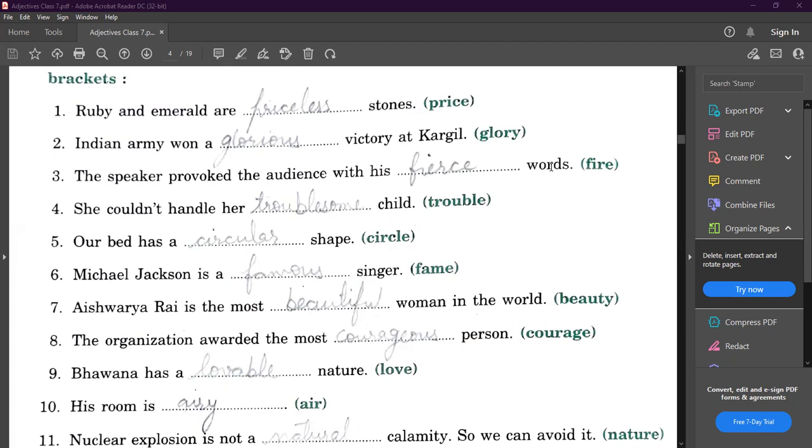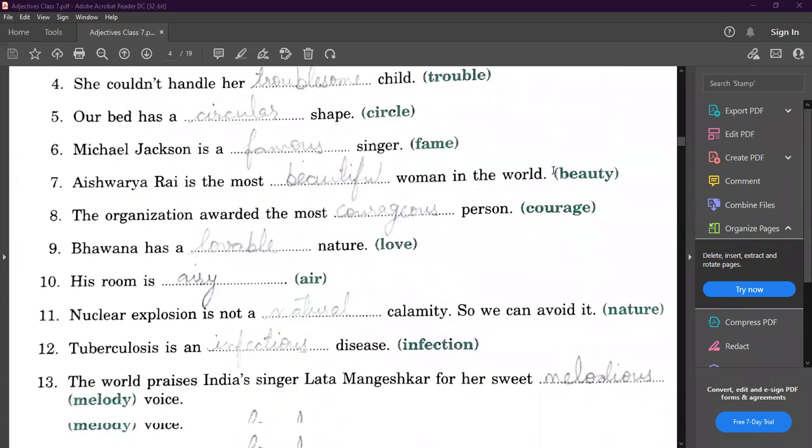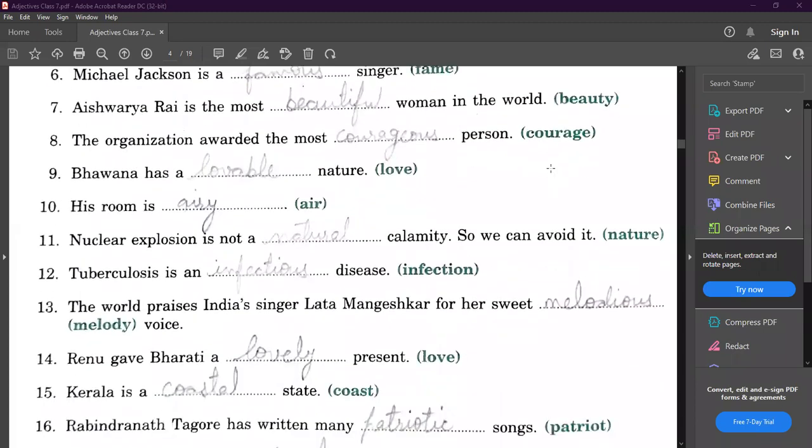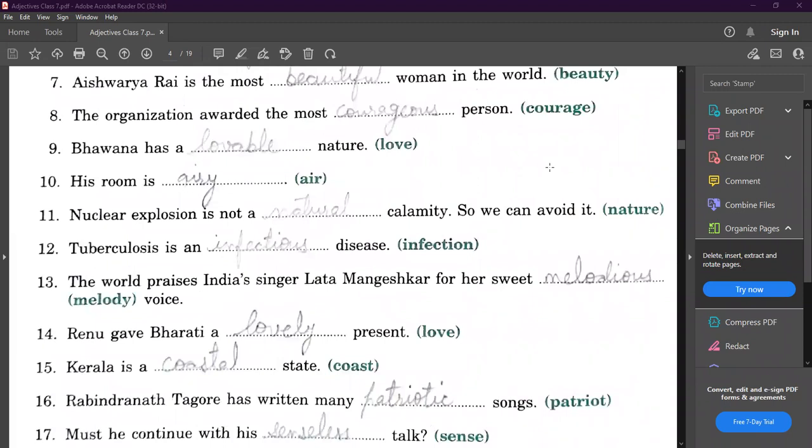Michael Jackson is a famous singer. Aishwarya Rai is the most beautiful woman in the world. The organization awarded the most courageous person. Bhavna has a lovable nature. His room is airy. Nuclear explosion is not a natural calamity, so we can avoid it.